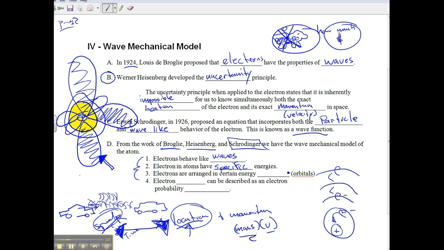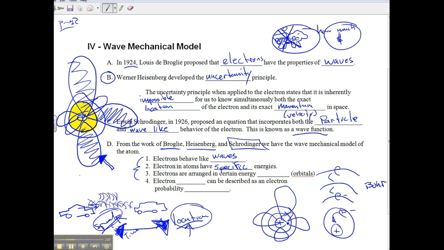Electrons in atoms have specific energies. Okay, let me erase. Now, if you remember, over here was the Bohr model. We had these levels, and we said those were energies. We're going to say the same thing here, but now instead of rings on a ladder, we're going to say that they reside in these funky shapes, and that the different shapes that they reside in is defined as their energy.